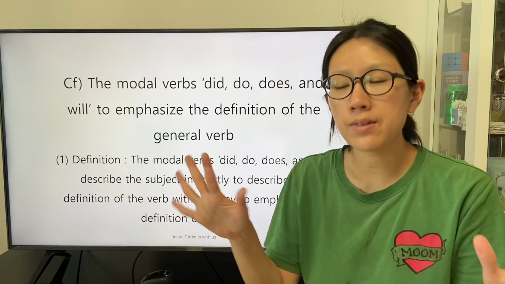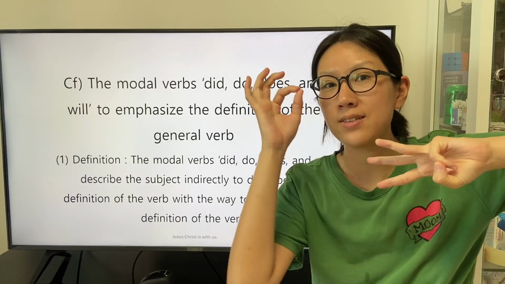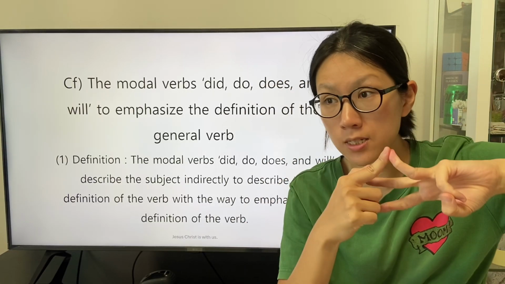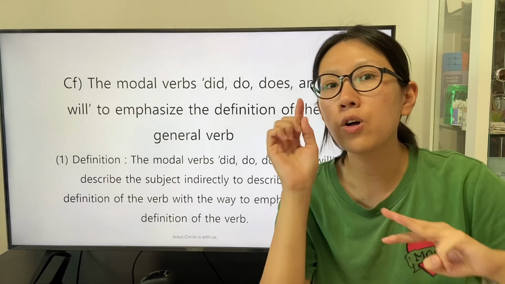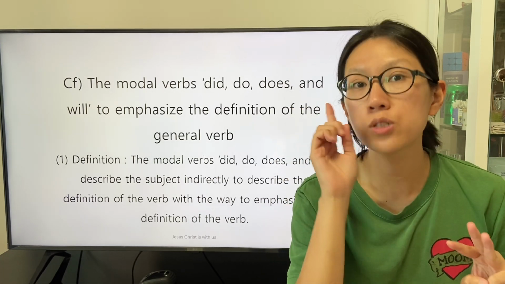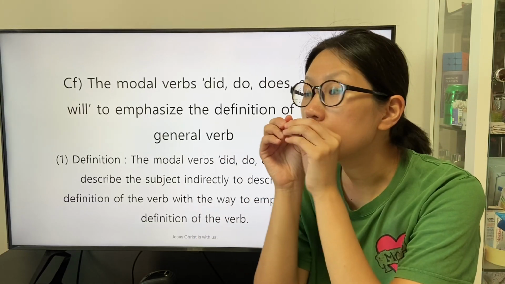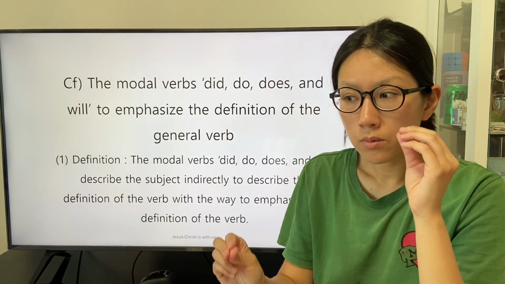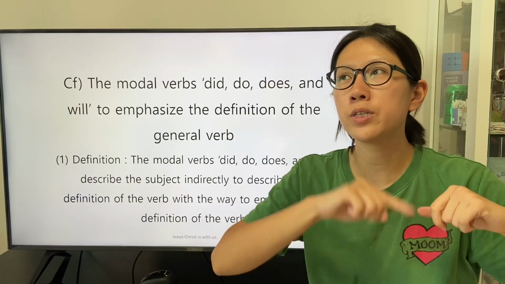So we can understand that the modal verb is applied to specify the definition of the verb, the first sort of the descriptions. We can also think of the role of the first sort of the description, the verb, to describe the subject. So we can think of the relationship.